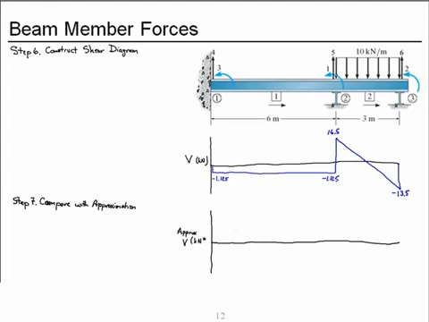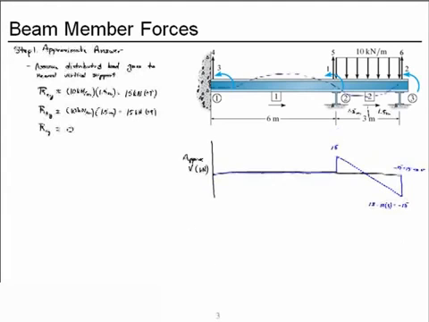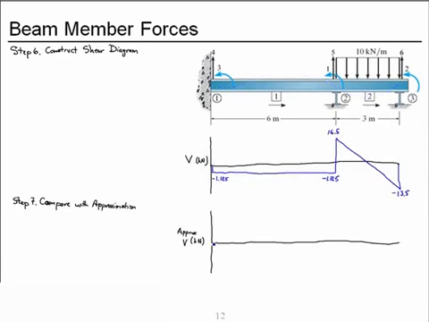It'll still be in units of kilonewtons. As we look back to our step 1, we found that the shear was constant and 0 all the way across member 1, then jumped up to 15 kilonewtons, decreased linearly to negative 15 kilonewtons, and then closed out to 0.